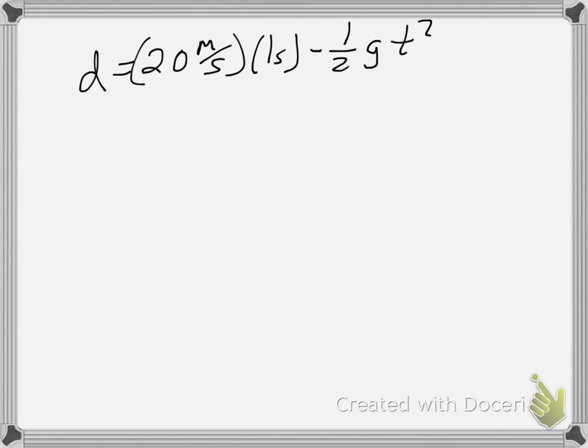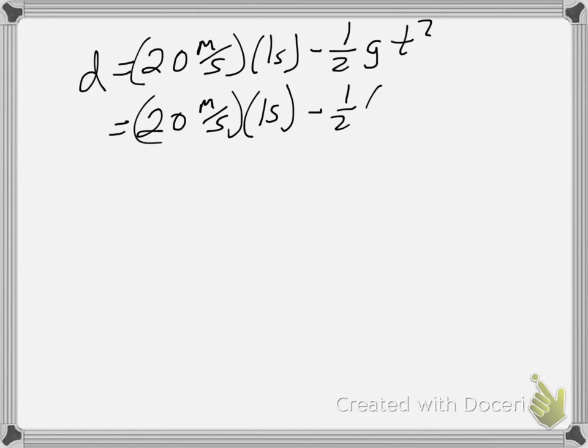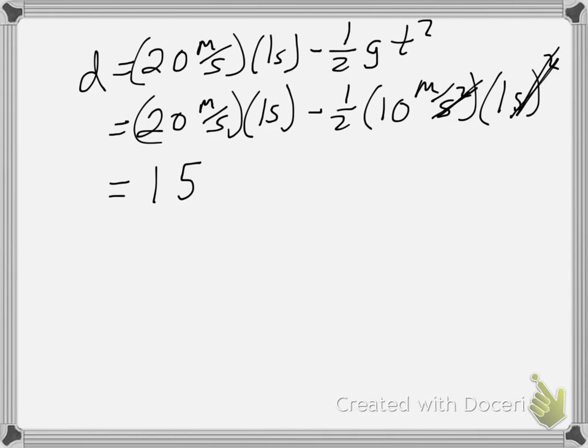And so this is going to be 20 meters per second times 1 second minus 1/2 times 10 meters per second squared times 1 second, quantity squared. Now 1 squared is 1, and the second squared cancels out with the second squared on the bottom, and 1 times 10 times 1/2 is 5, so 20 minus 5, the total distance we've moved up is 15 meters.